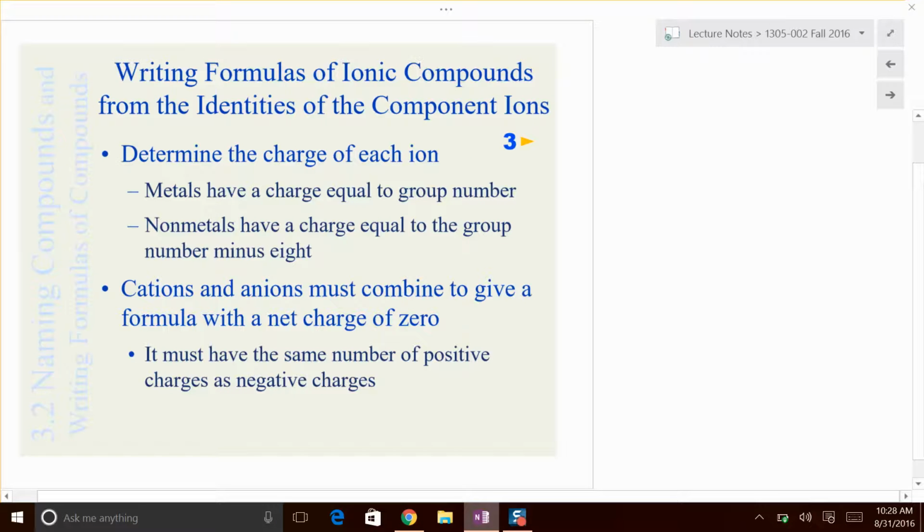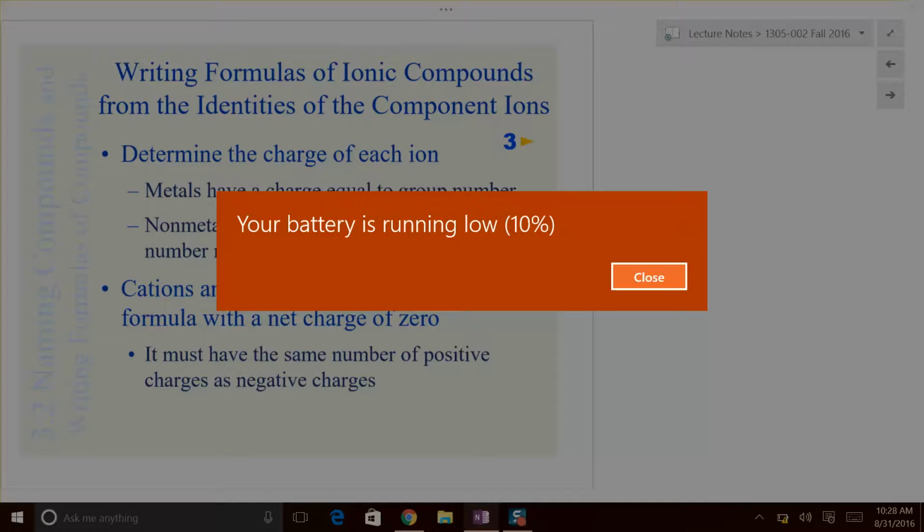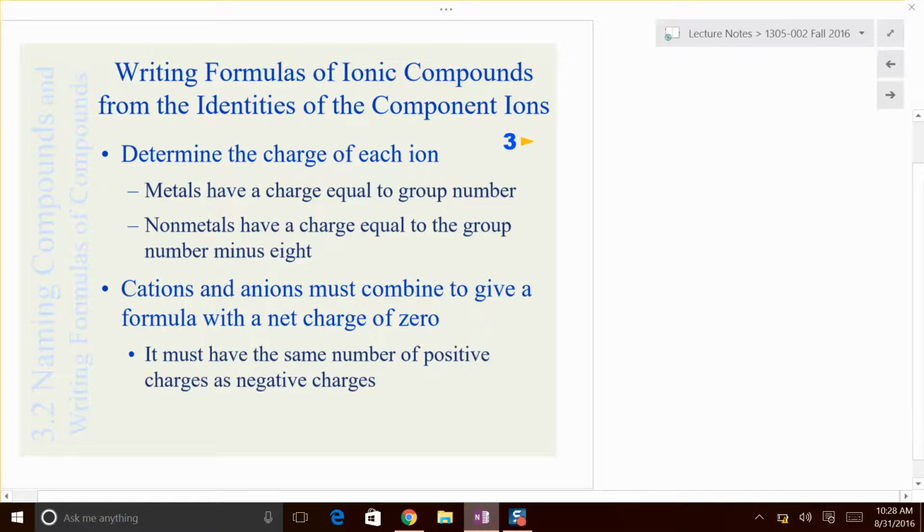When we are doing this, the first thing we're going to do is determine the charge of each ion in the compound. We'll determine the charge of the metal and the charge of the nonmetal, which will be easy to do now that you know valence electrons and how these ions form.